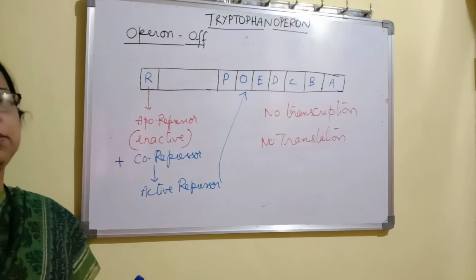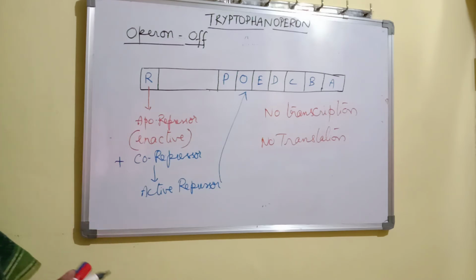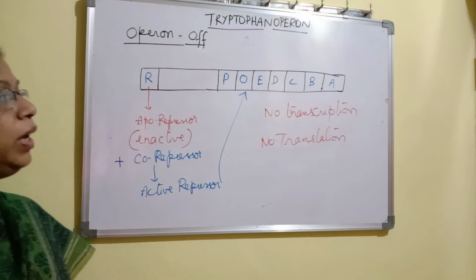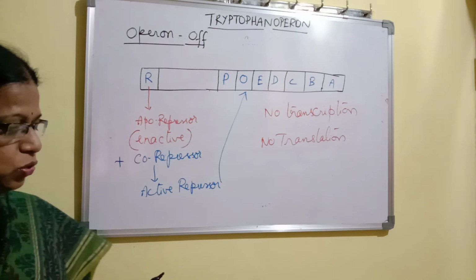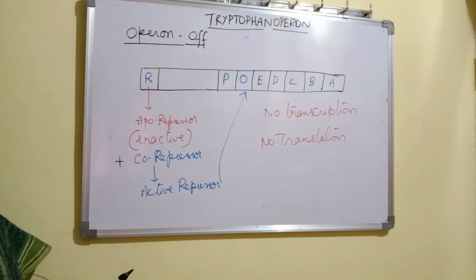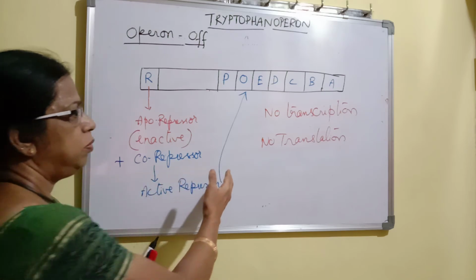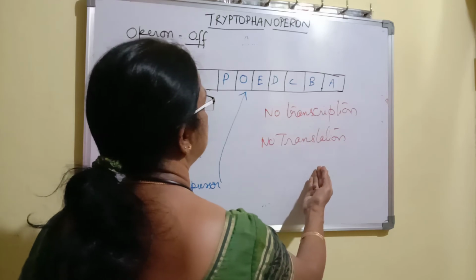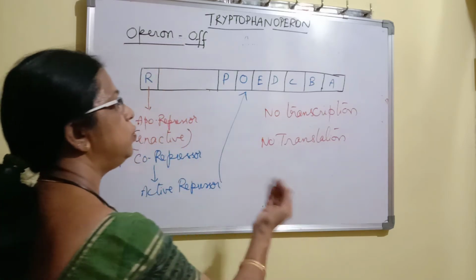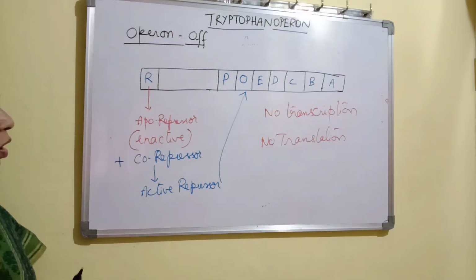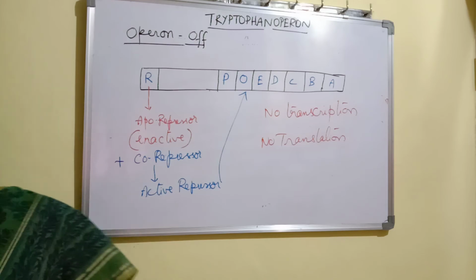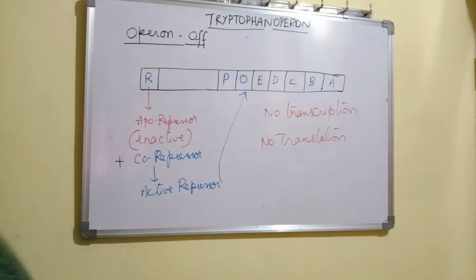So this is the aporepressor co-repressor system in the case of the tryptophan operon. Now briefly, how we can write is, in the presence of inducer, what will happen? In the absence of inducer, what will happen? Or if co-repressor is present, what is it getting converted into?